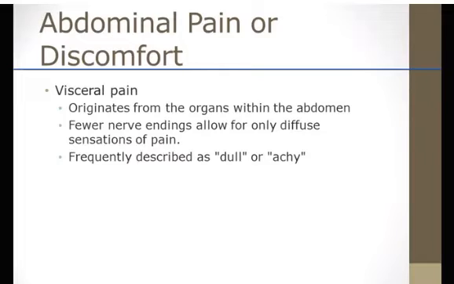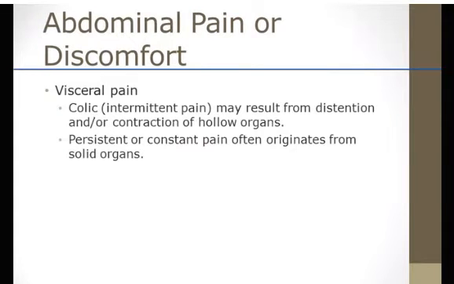You know that their abdomen hurts, their belly hurts, and oftentimes you hear these people describe this pain as dull or achy, but they can't really pinpoint exactly where it hurts. They'll tell you it hurts all over, or this whole side hurts. And the pain can be intense, but it's really not specific. And it's because there's just not a lot of nerve endings there to be able to pinpoint that pain. And so keep in mind, that's going to come from organs within the abdomen. You're going to get that visceral pain.